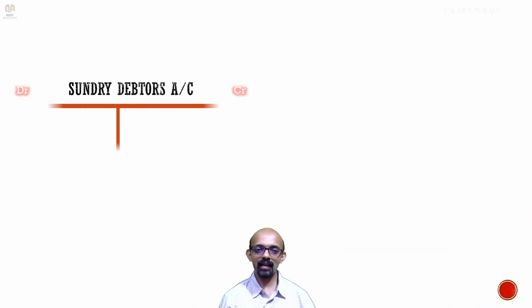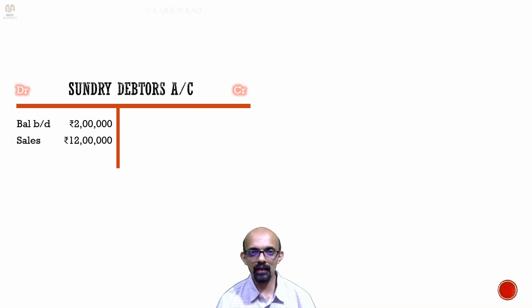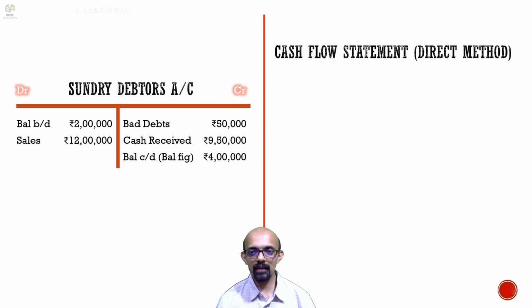So let's take the example of the sundry debtors account. We have balance brought down, we have sales, credit sales, then say bad debts written off, cash received, and then the closing balance. Under the direct method, we just present this 9,50,000 as it is.